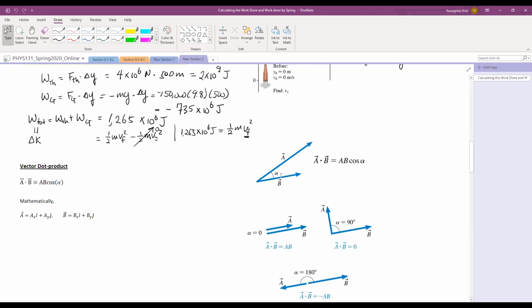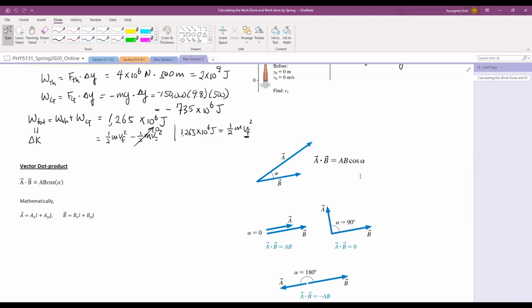And in this general situation, the dot product is defined as vector A dot vector B: you multiply the magnitude of each vector together, and you multiply by the cosine of the angle between them. So the vector dot product is AB cosine alpha. This is a promise. This is a convention. This is a definition of this dot product operation. That's what you should do when you're seeing a dot product.